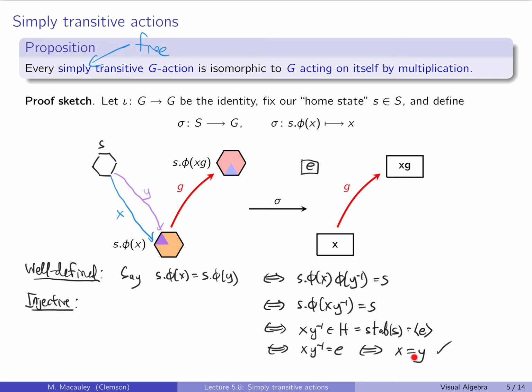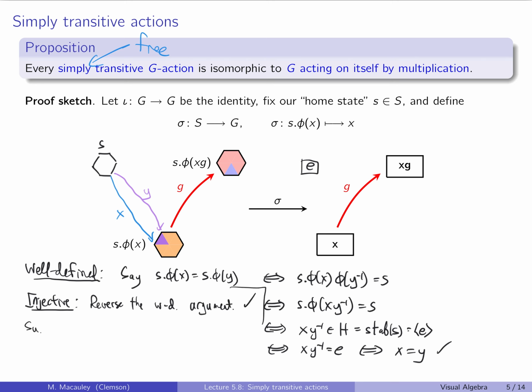We start here, and x equals y is equivalent to x, y inverse is E, which means x, y inverse is in the stabilizer of S, and we go up here, and we end up back here. So let's just reverse the well-defined argument, and we get injectivity.